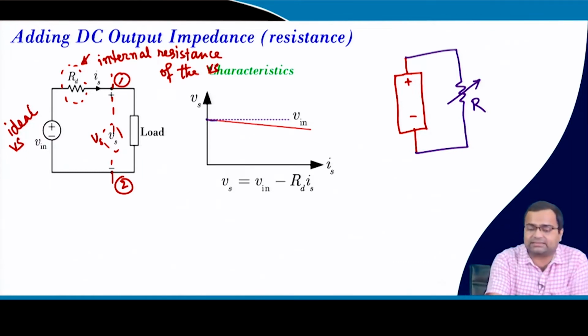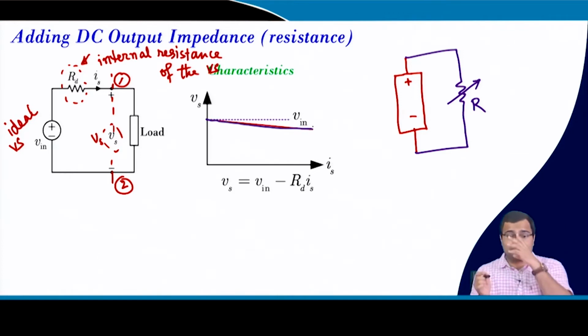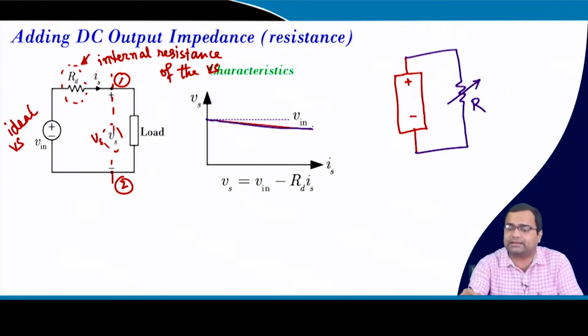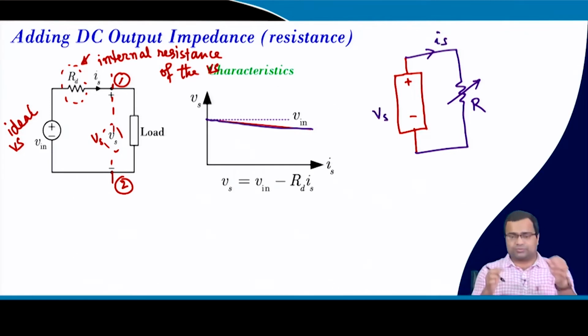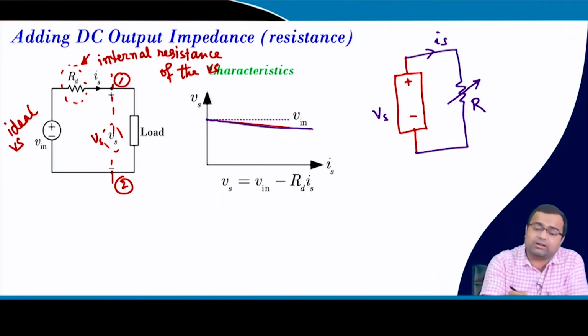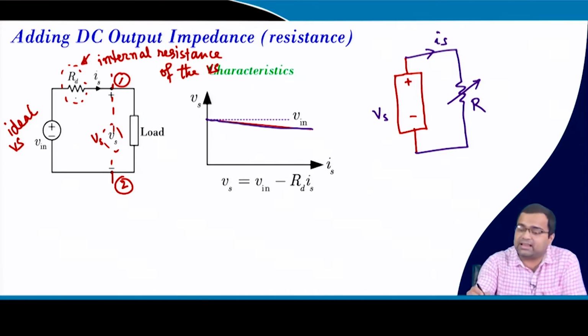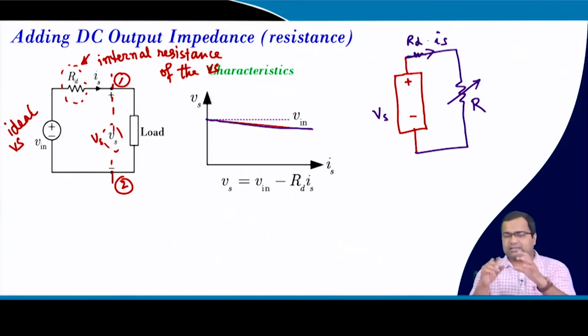That means when you are trying to increase the current, you are drawing more current from the battery, the source current, and the battery is the voltage source. Then the voltage is slowly decreasing, and this can be modeled by adding this resistance, and that is why there is a series resistance here, that is our RD, as if this is an ideal voltage source.